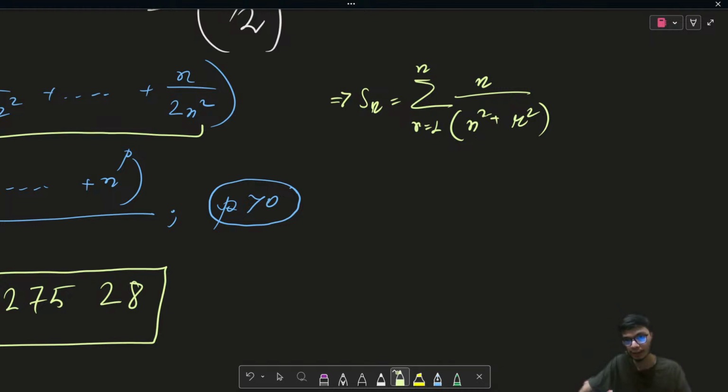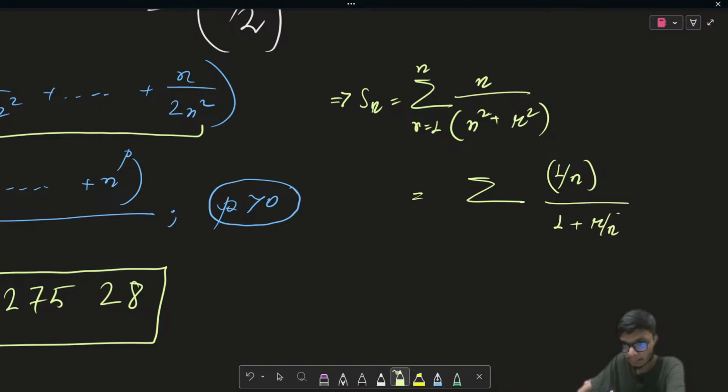Now, what I'm going to do is divide both the denominator and the numerator by n square. If I do that, I get 1 upon n in the numerator, divided by 1 plus r upon n whole square, where r goes from 1 to n.